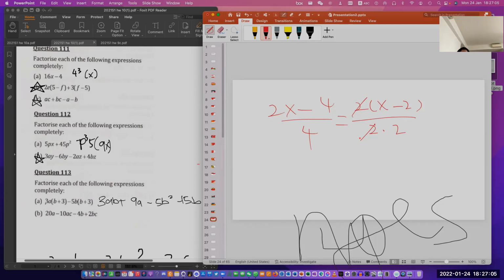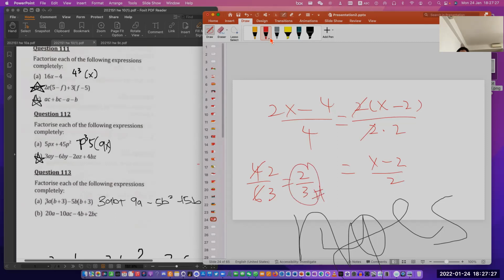Never. And I end up with this. In P6, if you have 4/6, this is not the simplest form. So you need to divide by 2, you get 2, divide by 2 here, you get 3. So the simplest answer is 2/3. So this is the final answer.